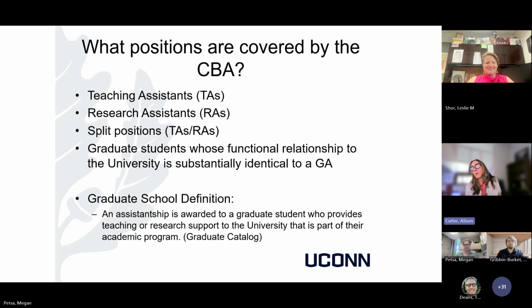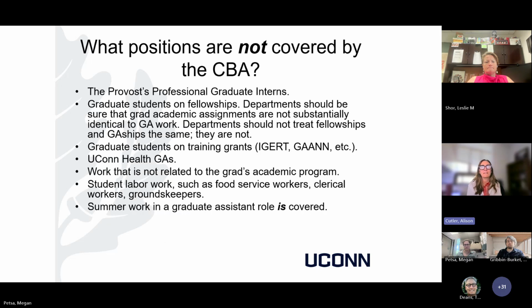Yes. If you have questions about that, it is best practice to reach out to the graduate school or to labor relations. We do receive those questions, but don't hire them as a graduate assistant and then come back later and say, oh, maybe they shouldn't have been. It's much easier to fix things before appointments are issued. Okay, next slide, please. Thanks.